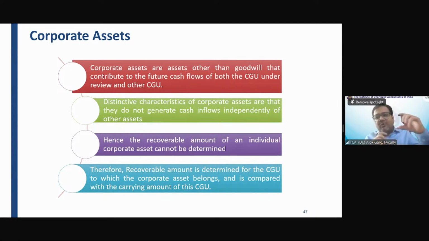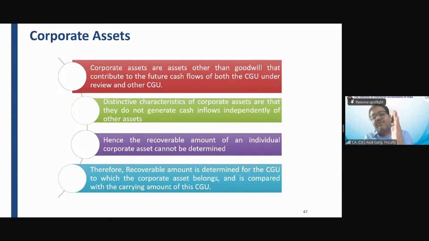Like I have told you, if an individual asset does not have a recoverable value, it has to be grouped with the other group of assets which can have a recoverable value. Likewise, this corporate asset has to be grouped with the other cash generating unit which has a recoverable value.